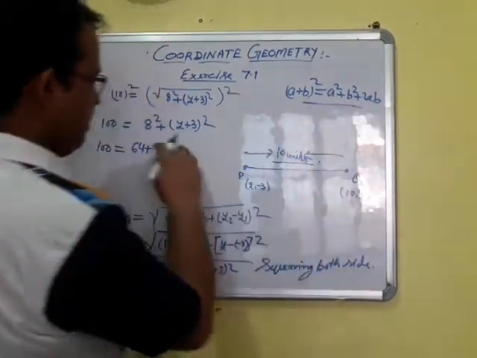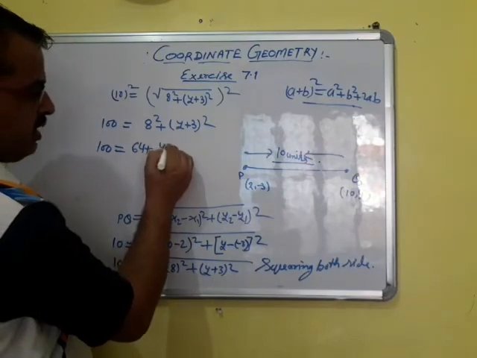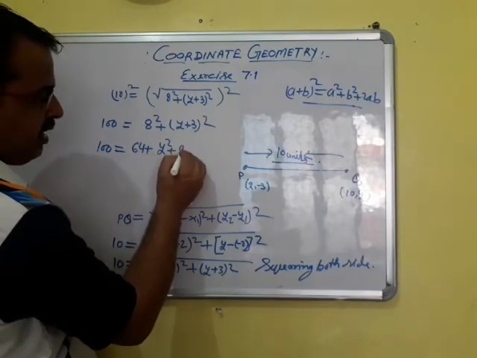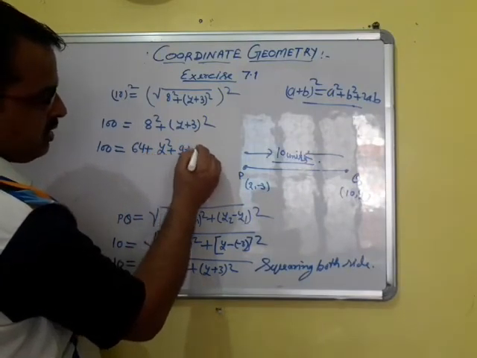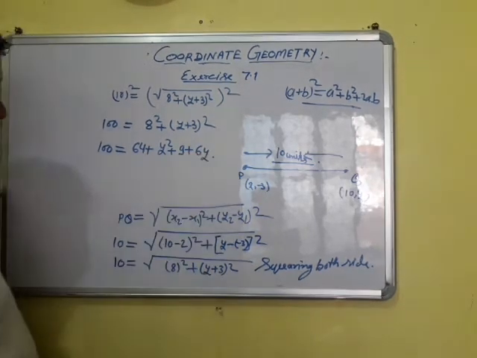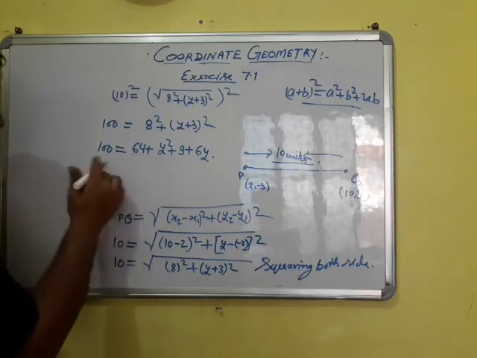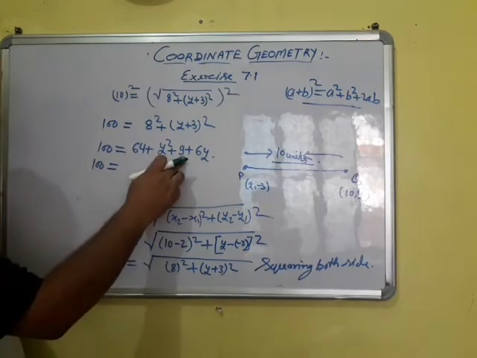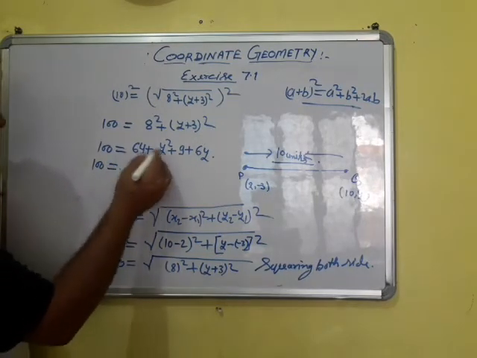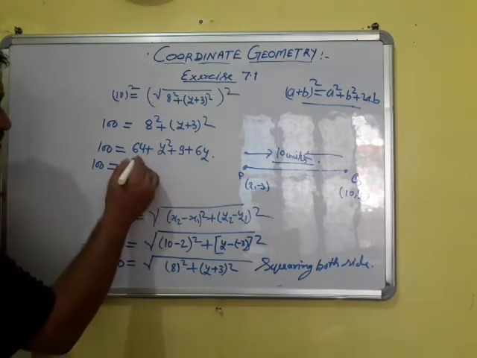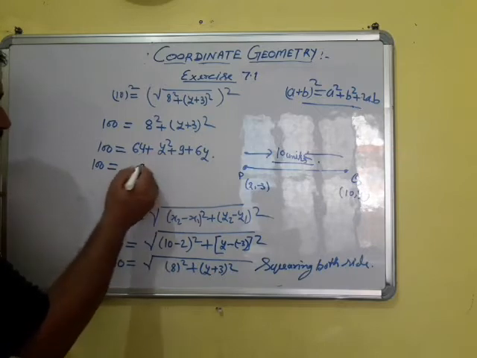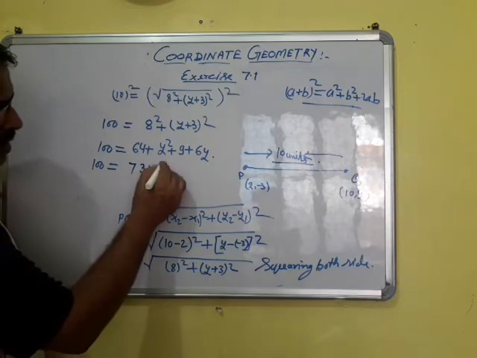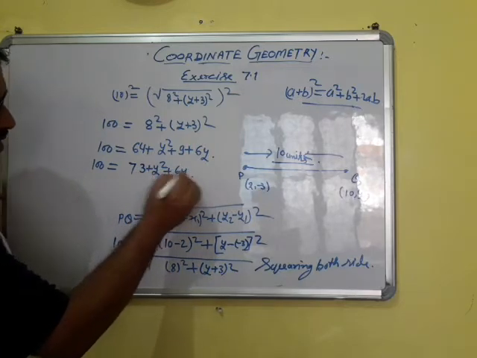So we get y square plus 9 plus 6y. Clear? Now look: 100 is equal to 64 plus 9, the constant terms, which is 73, plus y square plus 6y.